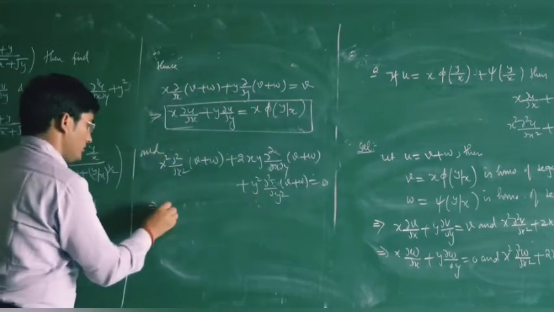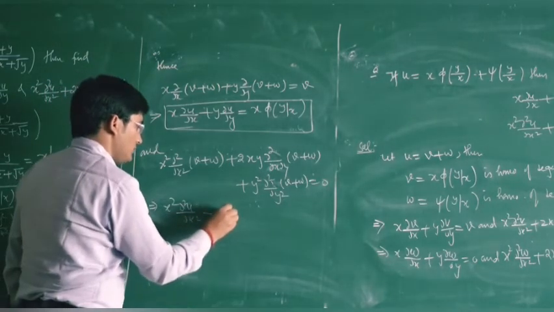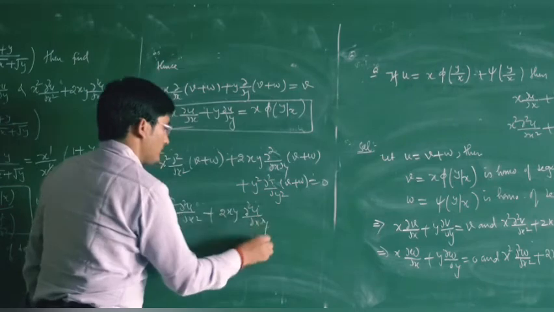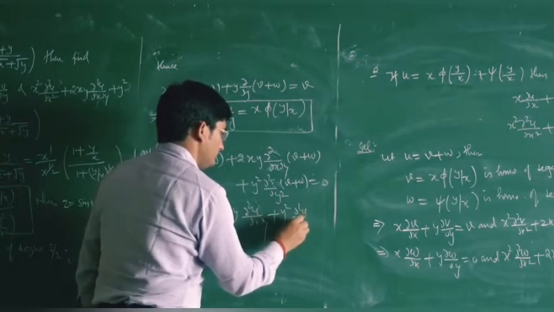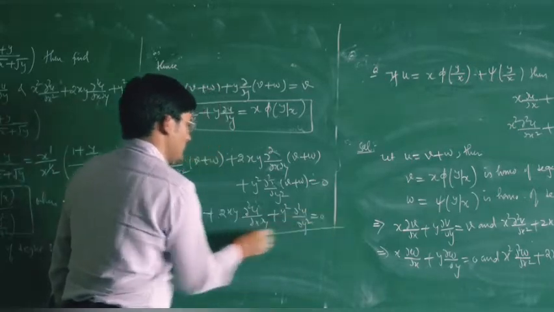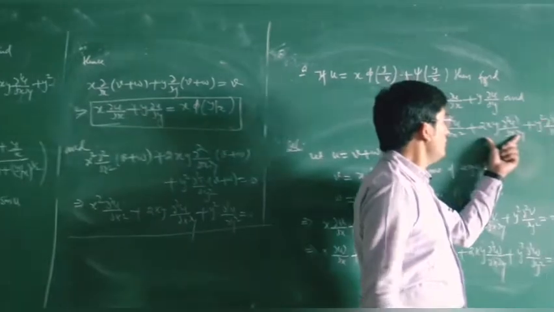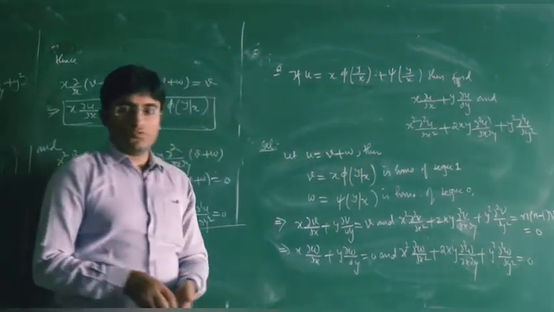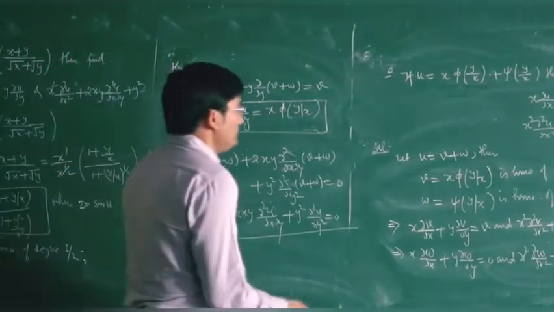So x square del 2u upon del x2 plus 2xy del 2u upon del x del y plus y square del 2u upon del y2 equal to 0. So the value of this part is 0, whereas the value of the first is equal to x into phi of y upon x. Then again the next question.